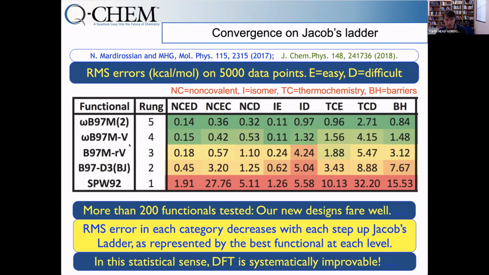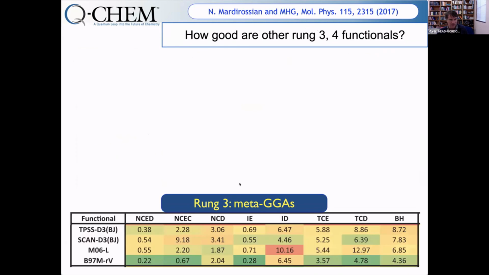Adding more descriptors and designing carefully gives you statistically better results overall. Of course, there are some functionals that perform worse at rung 3 than the best functional at rung 2, and there are some functionals at rung 4 that perform worse than the best functionals at rung 3. So DFT is systematically improvable if you just inspect the very best functionals at each level. And it could be data set dependent too.